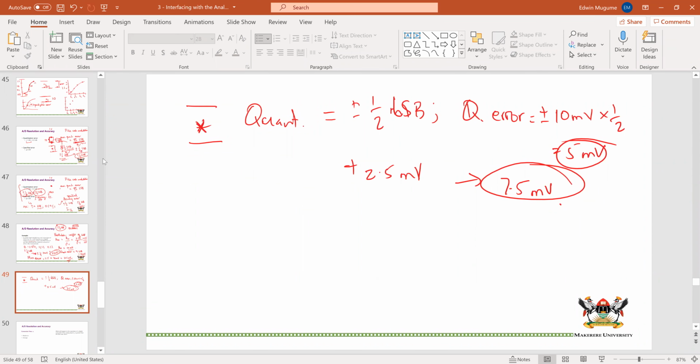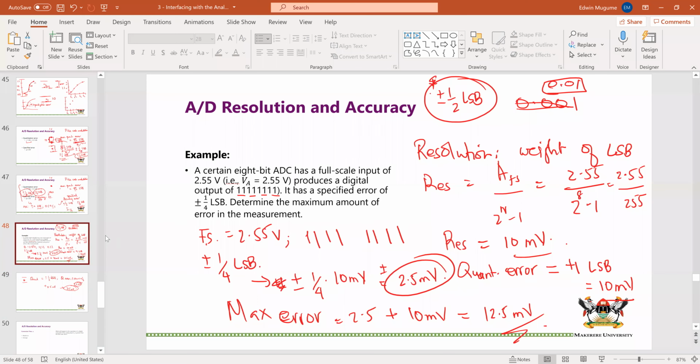But overall, for us to minimize the error that comes out of this, we have got to use more bits so that those jumps, those steps, are much smaller, and that becomes very helpful. For instance, these are 8 bits, and we see that our resolution is 10 millivolts. If there were 4 bits, we would be in trouble, because then we have 2.55 volts over 2 to the power n, which is 2 to the power 4, is 16, over 15.